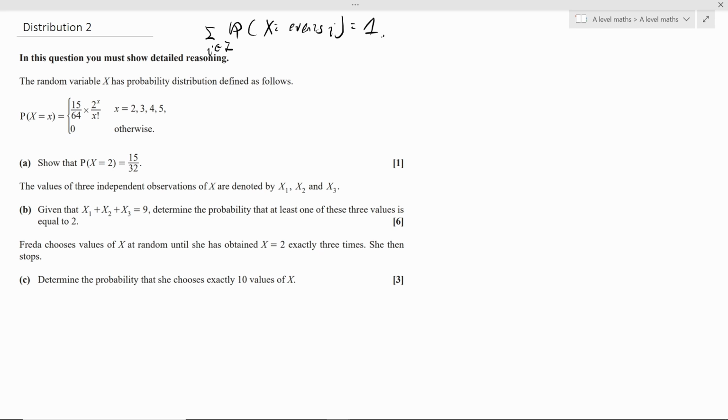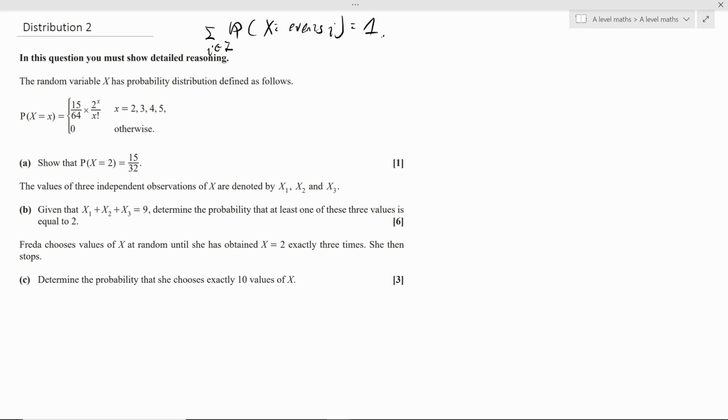As always, we might ask ourselves, what's our event space? Well, this is actually 2, 3, 4, and 5.